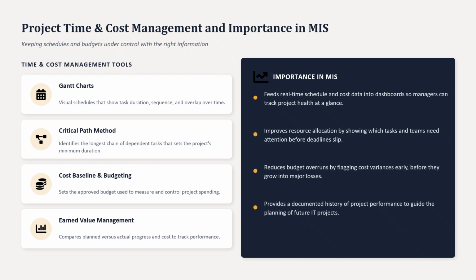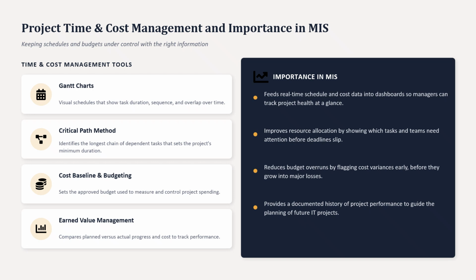Cost baseline and budgeting sets an approved budget used to measure and control project spending. And earned value management compares planned versus actual progress and cost to track performance.